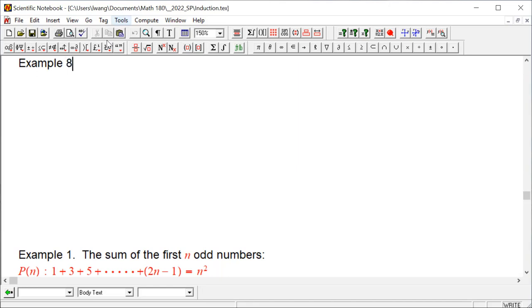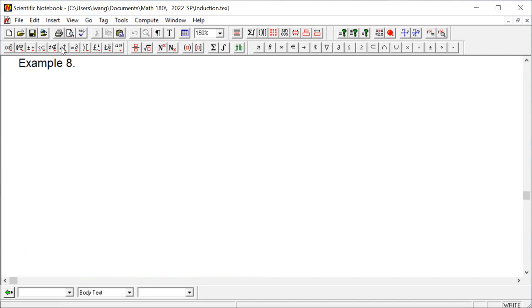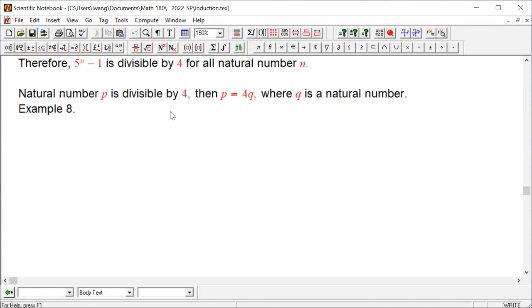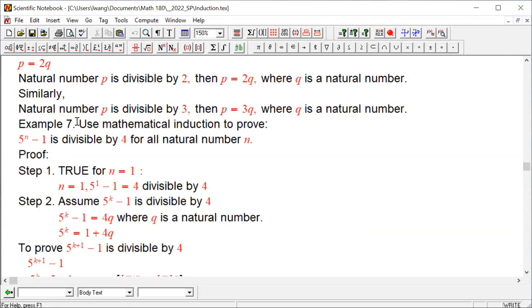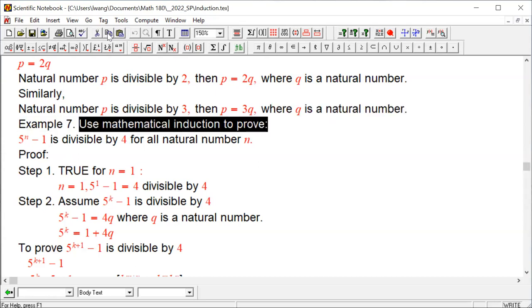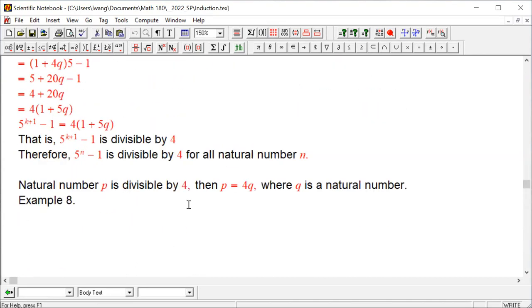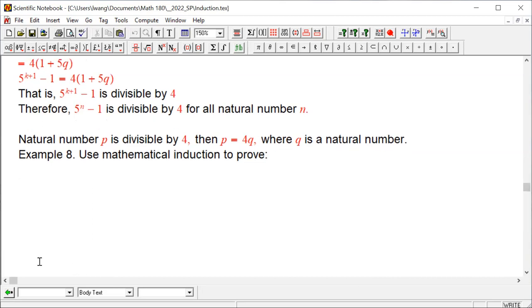Example number 8 is your homework, and I also wish you to try to prove it on your own, and then come back to watch the recording. Or if you don't know how to do it, after you watch the recording, try to prove it on your own as well.